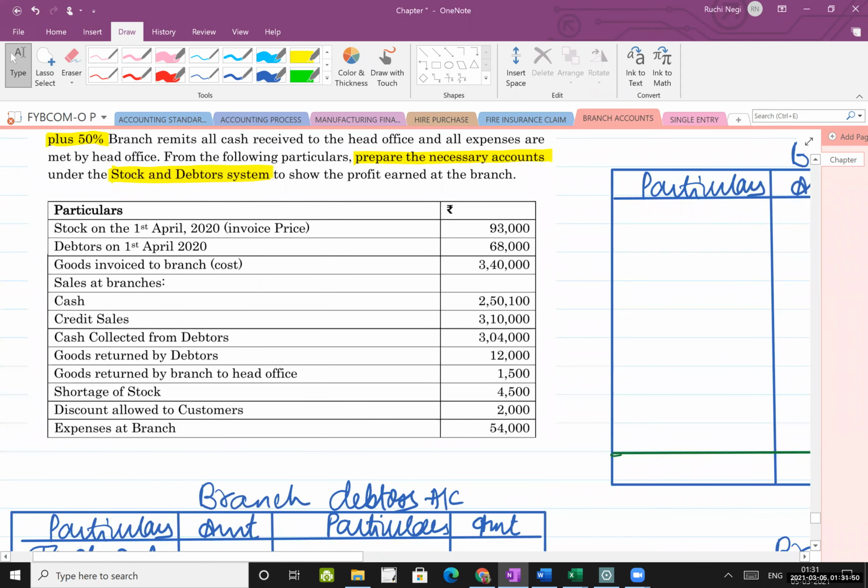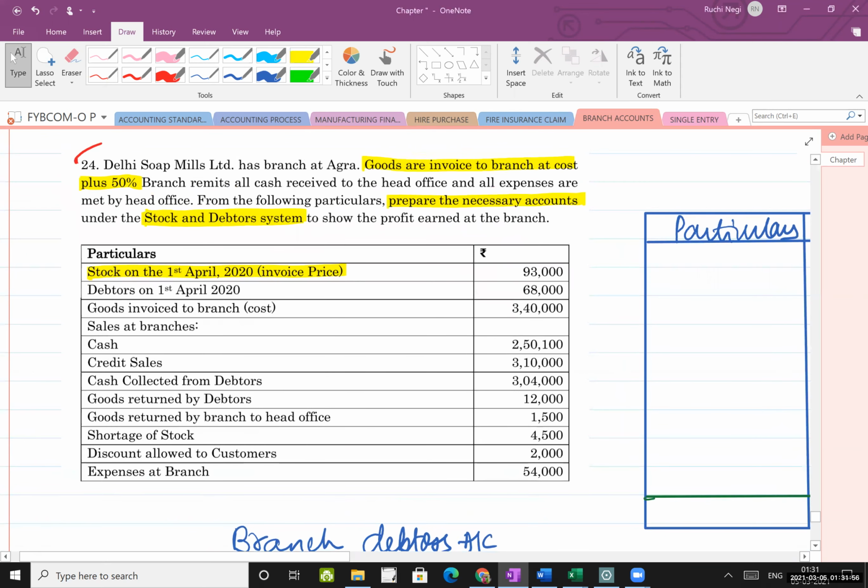Okay, so what have they given you? Stock on 1st April 2020, this is at invoice price, it's clearly given, 93,000. Debtors on 1st April 2020, so this is my opening balance of debtors. Now goods invoiced to branch, this is at cost, so we'll have to convert this into invoice price.